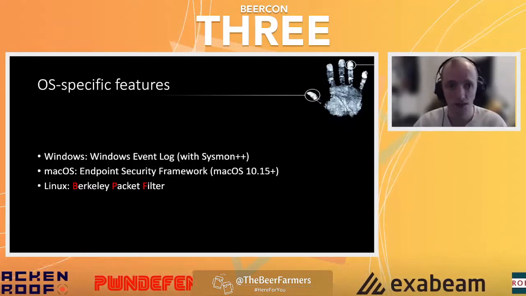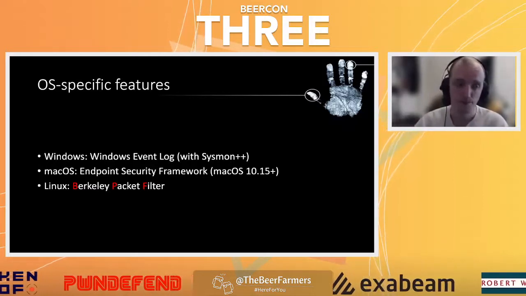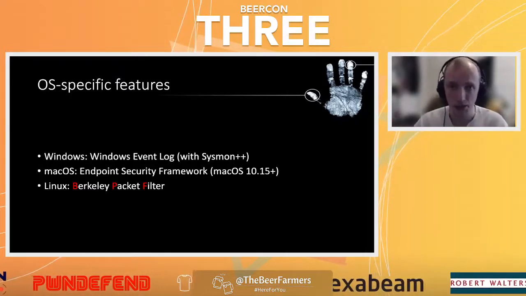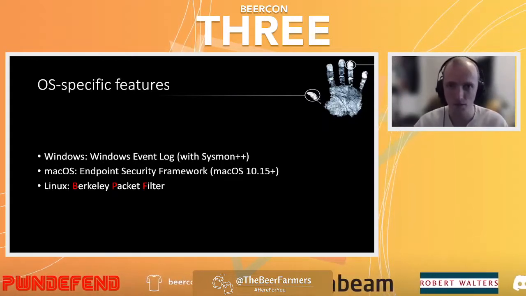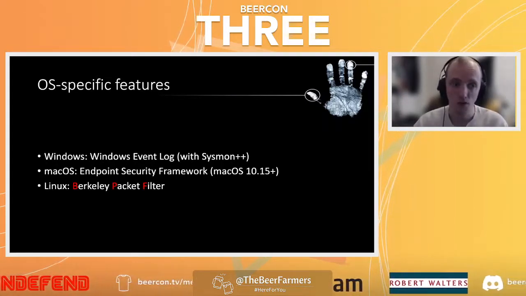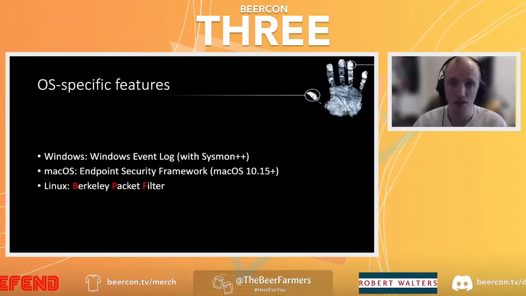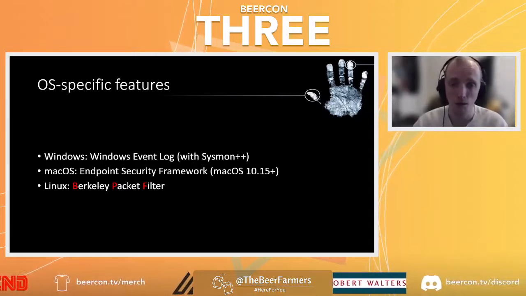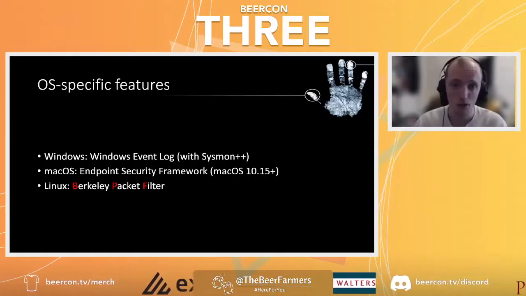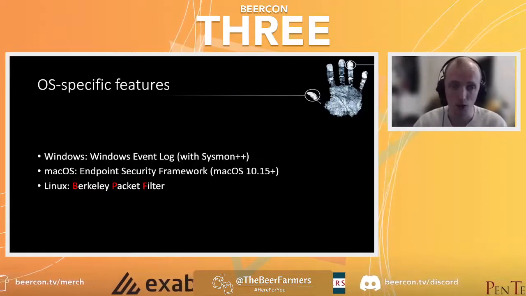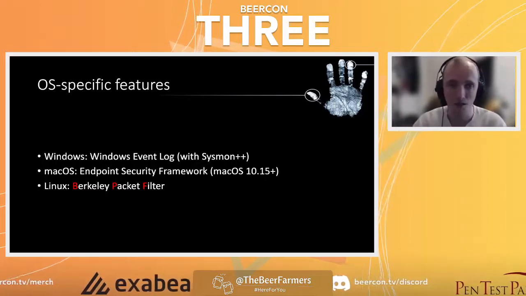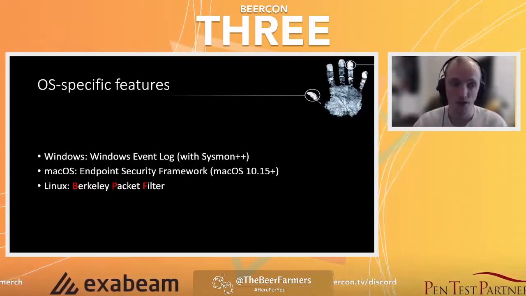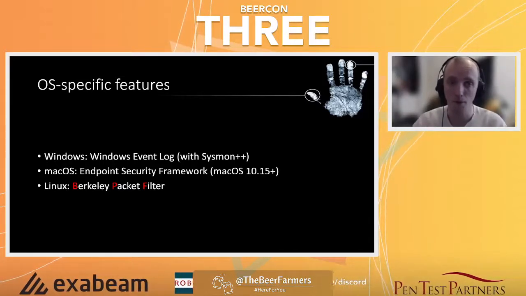Later down the line, we'll see how you can combine this with Sysmon. Now, on macOS, since macOS 10.15, it also supports events generated by the Endpoint Security Framework. It's a new framework on macOS that allows you to monitor process events and do an audit on those. And on Linux, it supports events generated by Berkeley Packet Filter.